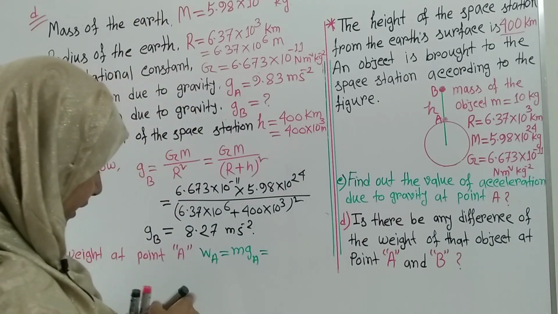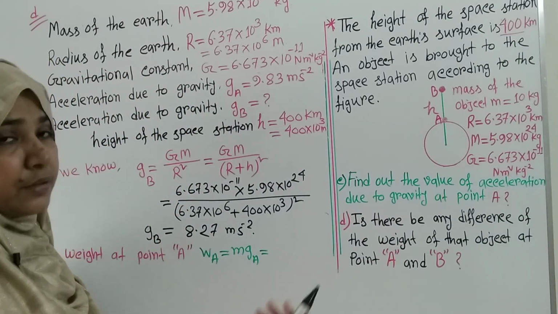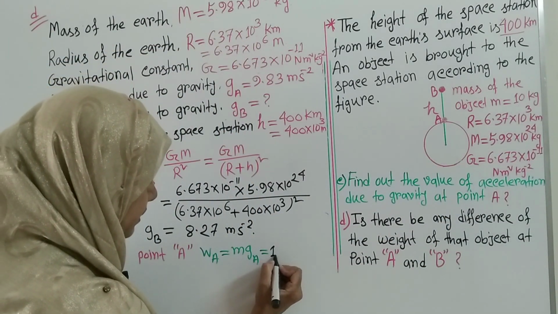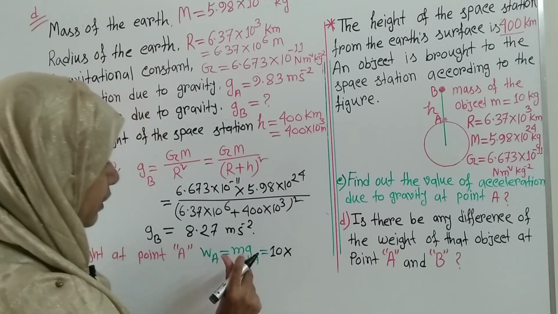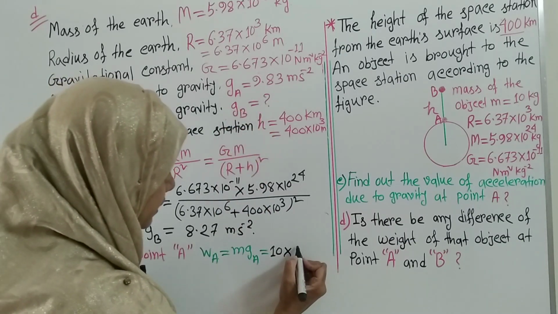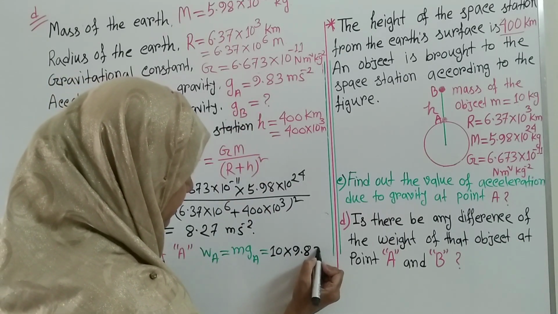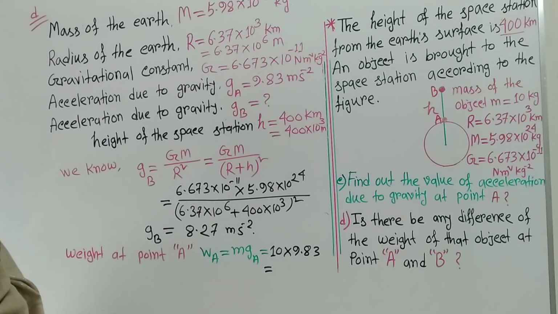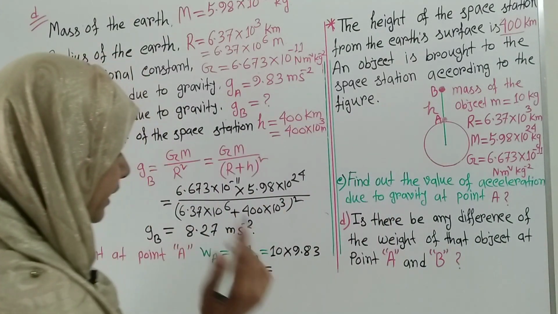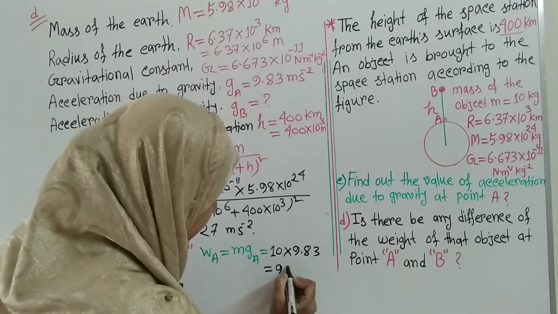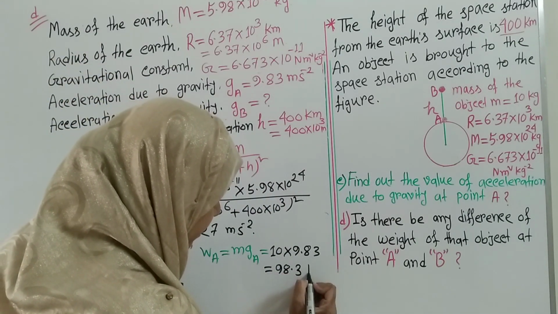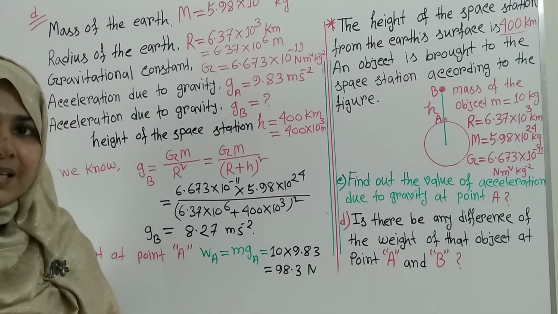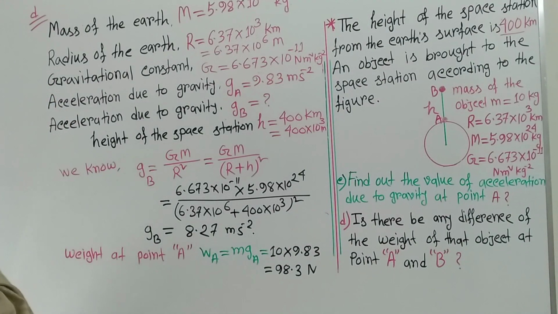Now the value of m, that is the mass of the object, is given here: 10 kg. So we can write 10 into the value of Ga, 9.83. So we will get the value of weight of the object at point A is 98.3 Newton.